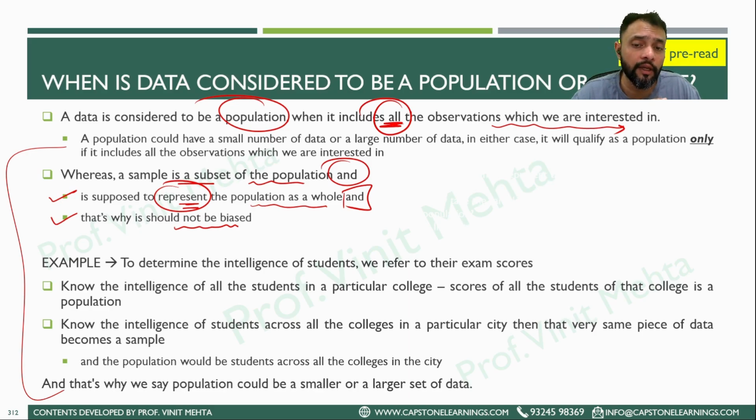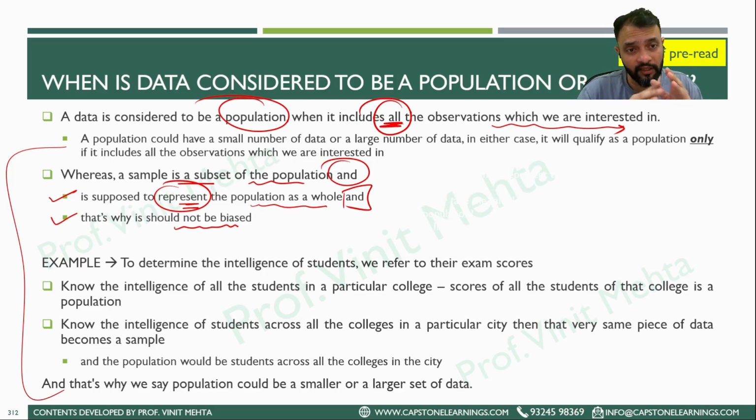Are you getting it? It is very important that whatever is a sample represents the population. Do you understand the word represent? Yes. All of you? Yes. So when I say that I have a sample which is representing the population, that means representing in this sense: same syllabus, same exam style, same number of years of pursuing the education, same quality of teachers.